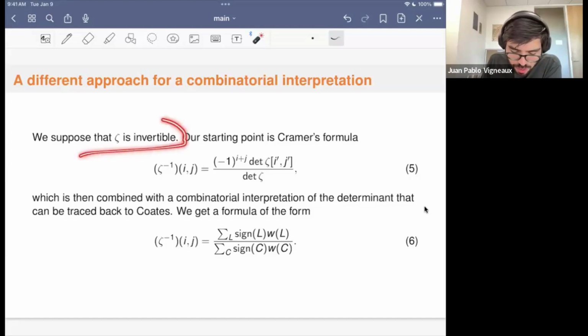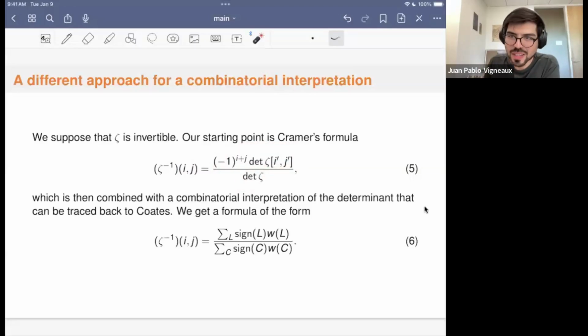So we suppose that zeta is invertible, and we would like to find a combinatorial interpretation for the coefficients in any case, without making any assumption on the category. The starting point is what I call Cramer's formula. When you have the inverse and you want to compute the component ij, basically here you have the cofactors and here you have the determinant.